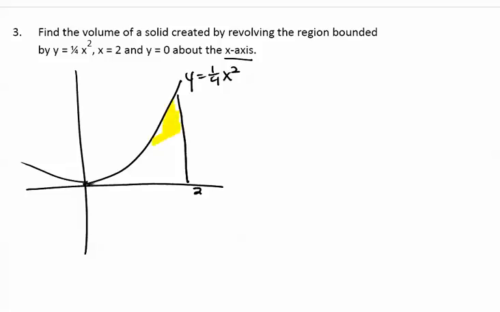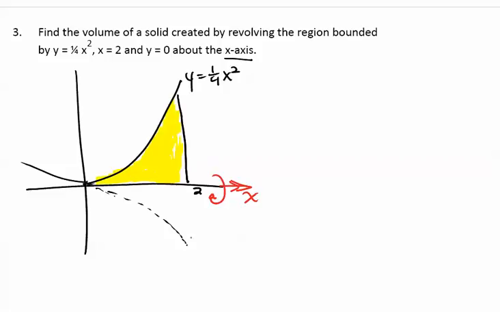So we've got the x-axis is the line y equals 0, the vertical line x equals 2, and our function. So there's our region, and we're going to revolve it around the x-axis. So we will come up with a mirror image on the other side.